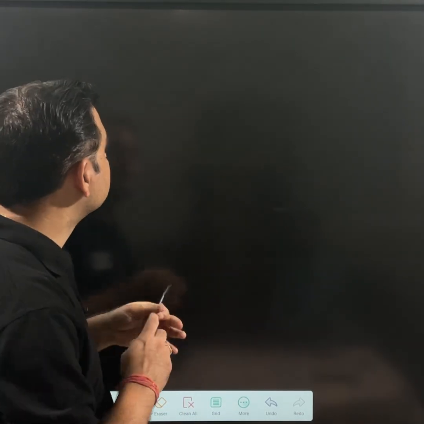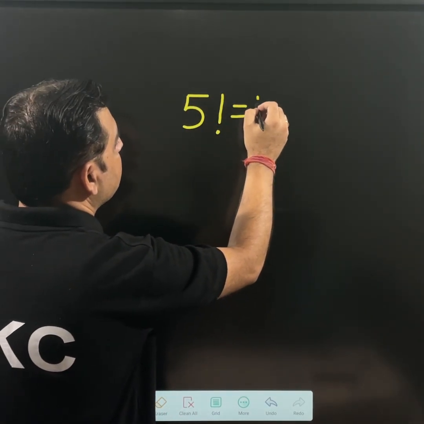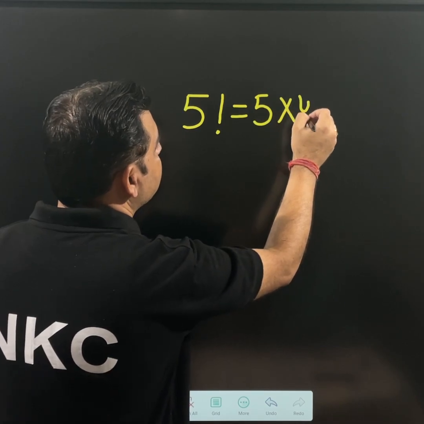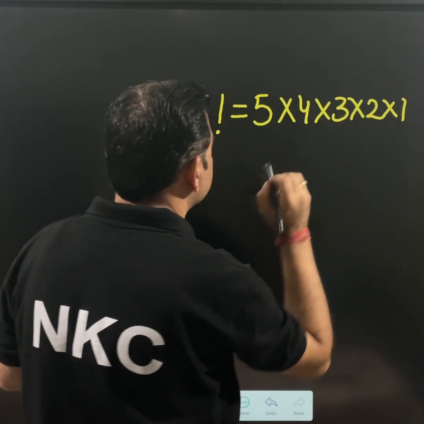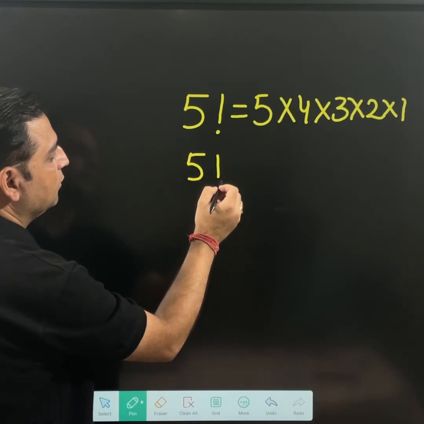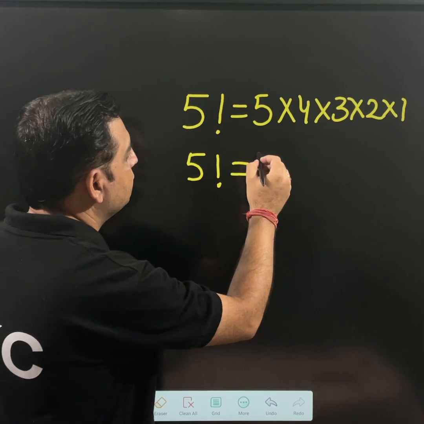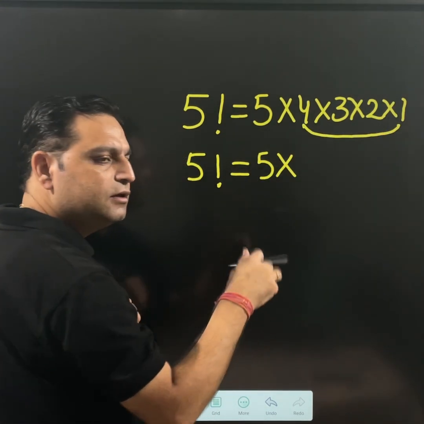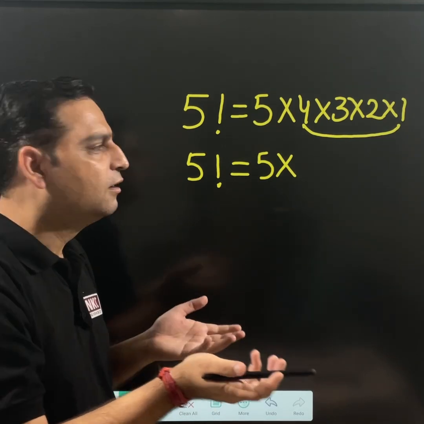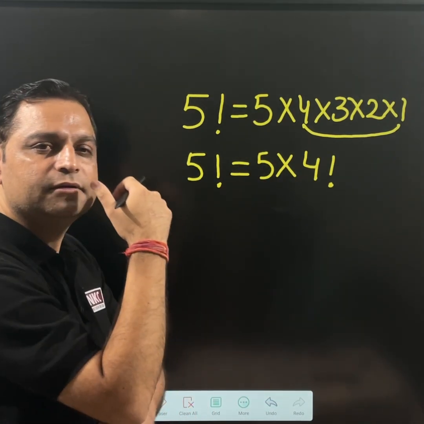I'm coming to it with the concept. Let's suppose 5 factorial is there and we are writing it 5 multiply 4 multiply 3 multiply 2 multiply 1. What I can write, check it very carefully. 5 multiply, this 4 multiply 3 multiply 2 multiply 1, I can write it as 4 factorial. Right?